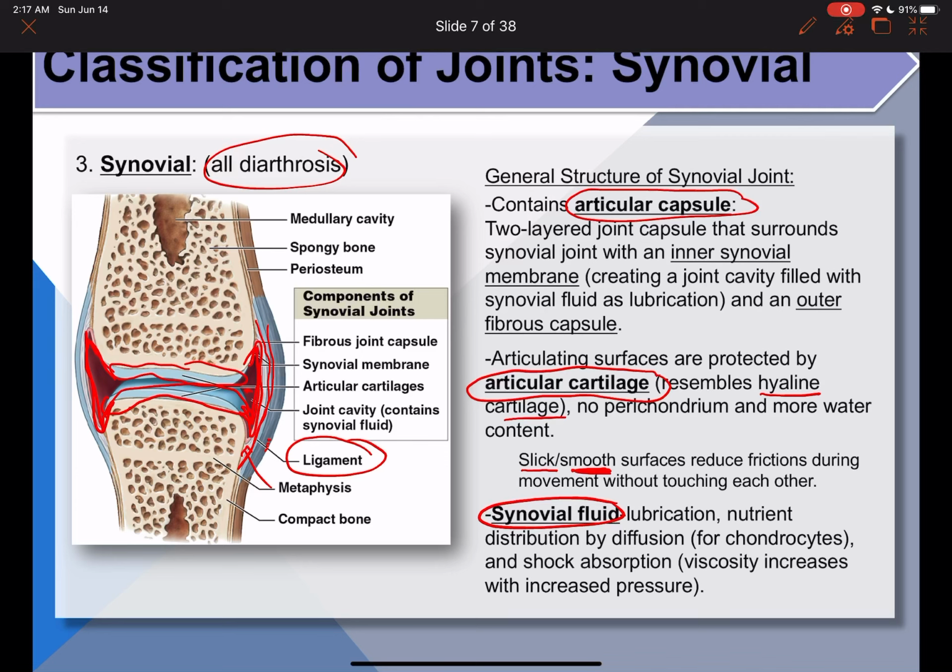Now, interestingly, upon impact and compression, this fluid has the capacity to absorb shock, where if you increase the pressure, it will also increase the fluid's viscosity to brace the impact. Remember viscosity? I talked about that in chapter 4, kind of like water versus honey or jam.